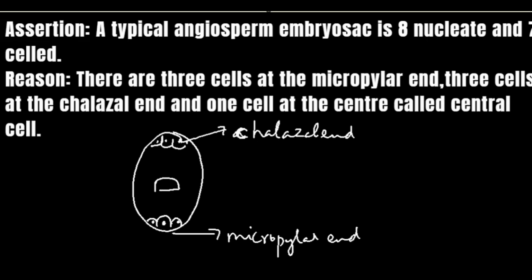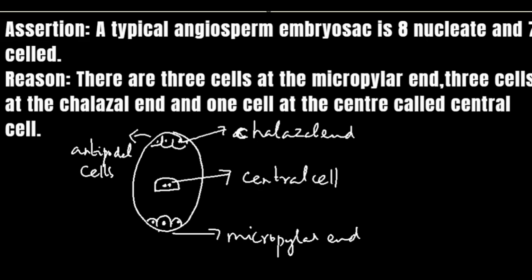Then there is one central cell. Central cell has got 2 nuclei. The 3 cells present at the chalazal end are called antipodal cells. And the 3 cells at the micropylar end will together be called the egg apparatus.